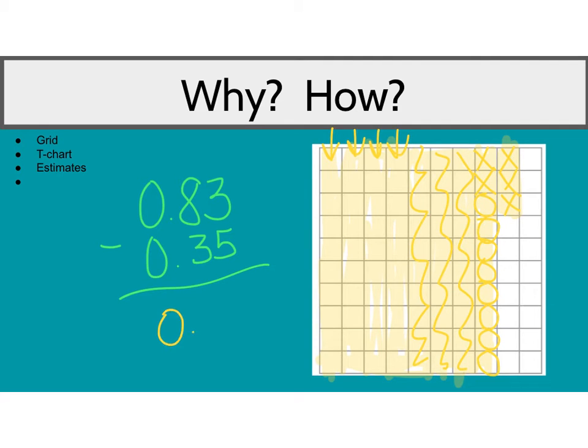So my answer would be 0 and 48 hundredths. Okay, so this would be one way that we could do a subtraction problem. So now you've seen an addition problem with the grid and a subtraction problem with the grid. So next, let's take a look at how we use a T-chart.